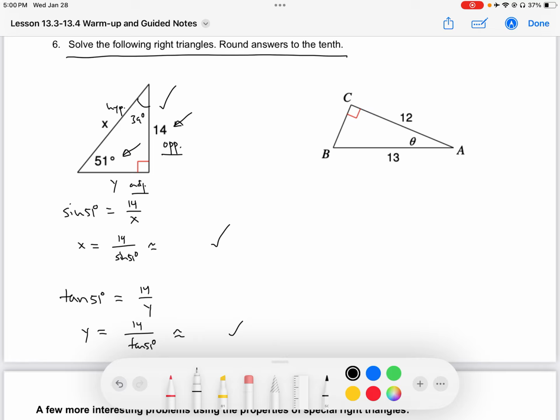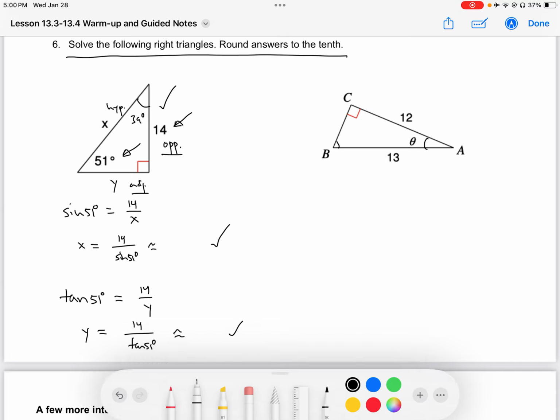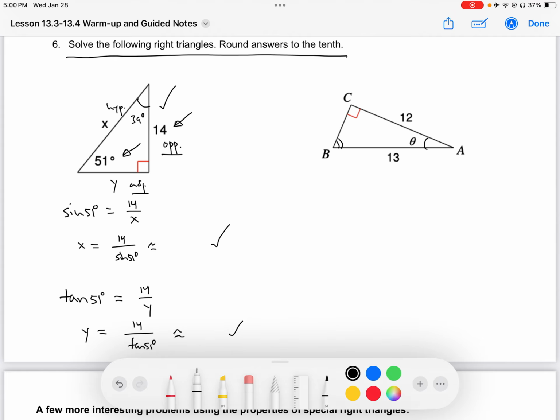Now, in this second example, I'm given two sides, and I don't know either of the acute angles. So I'm going to need to use an inverse trig function to find that angle. Remember that this symbol here is a Greek letter named theta. So that is a variable that we often use, like x and y, but we often use it for angles. So that's just theta.